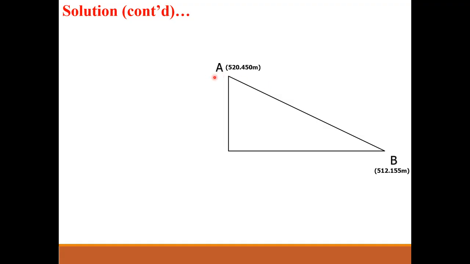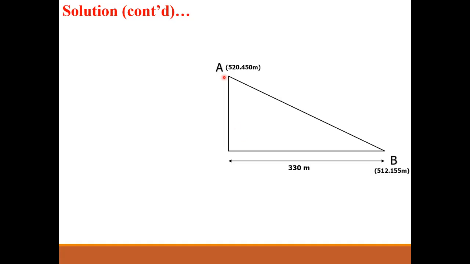Using our calculations, we just calculated that the reduced level of A is 520.450 meter and the reduced level of point B is 512.155 meter. We just calculated the value of reduced level of point B. The horizontal distance between the 2 points is already given in the question, that is 330 meters.